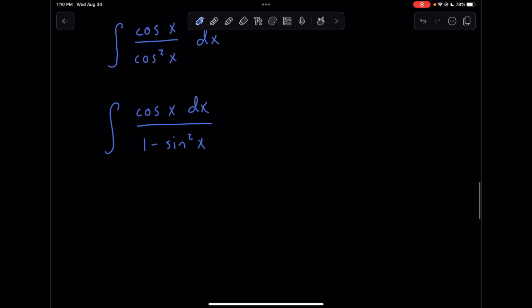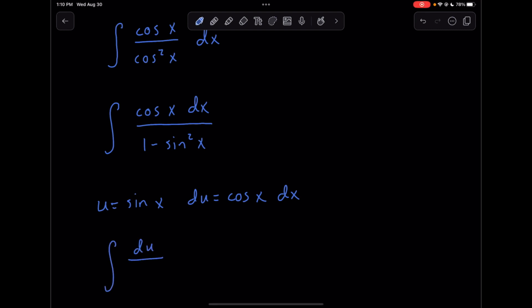And so that's useful because now we can do a u sub by setting u equal to sine of x and du equal to cosine of x dx, which is the same thing as our numerator. So rewriting this in terms of u, we get du over 1 minus u squared.